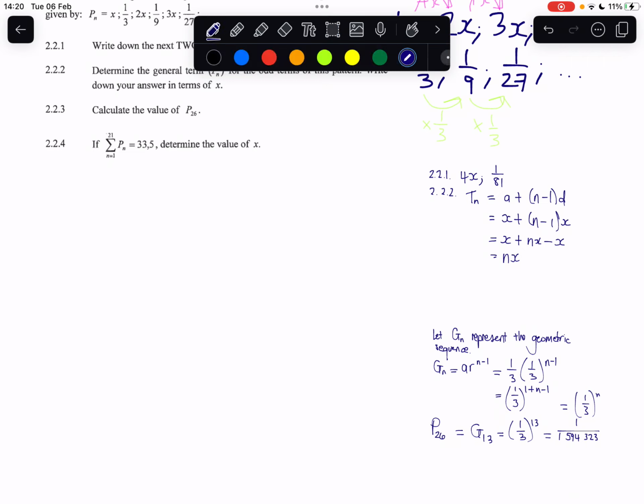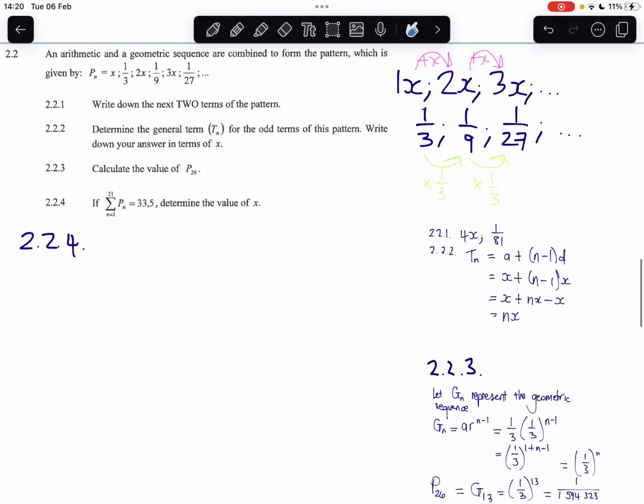This is question 2.2.3. Okay, and then the last question, 2.2.4. If the sum of Pn, so the first 21 terms of this joint sequence, gives us 33.5, determine the value of x.